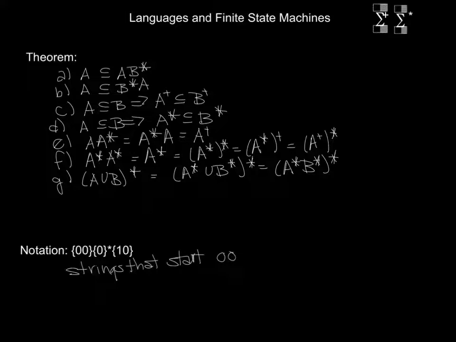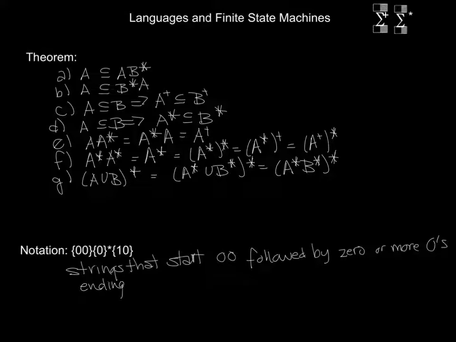So that's the Kleene star, followed by 0 or more zeros, and then ending with the string 10. So an example of a string that fits this description would be 0010.